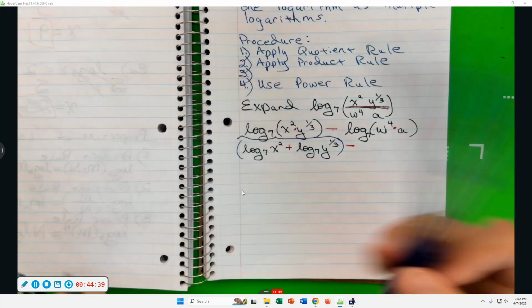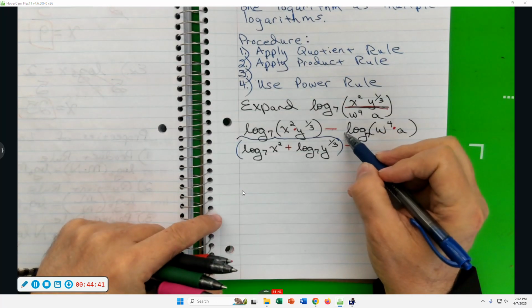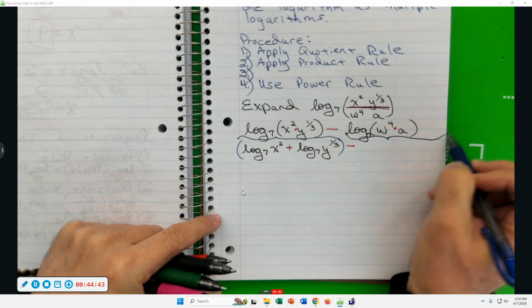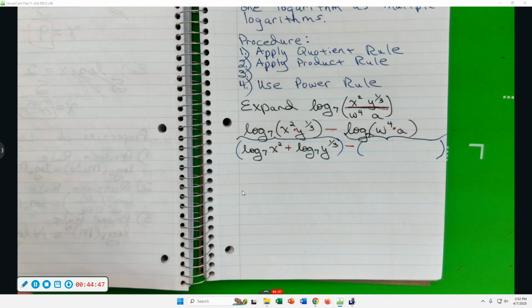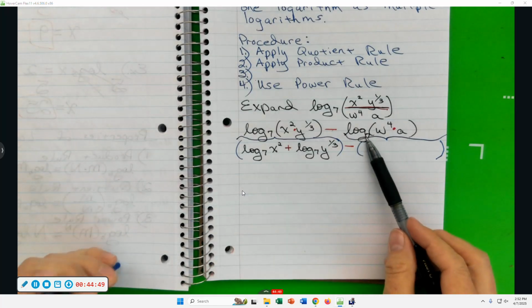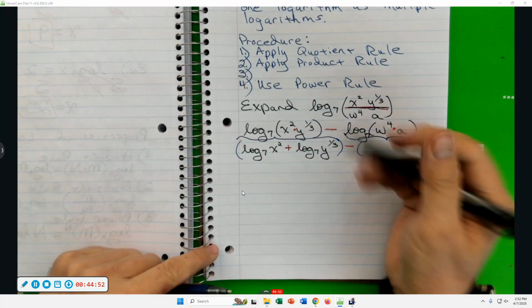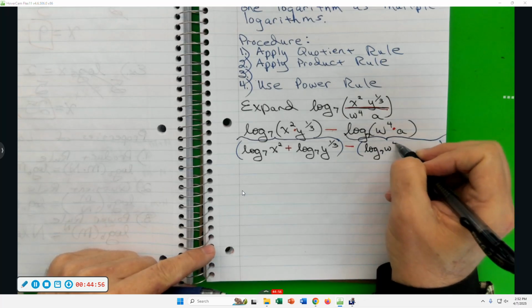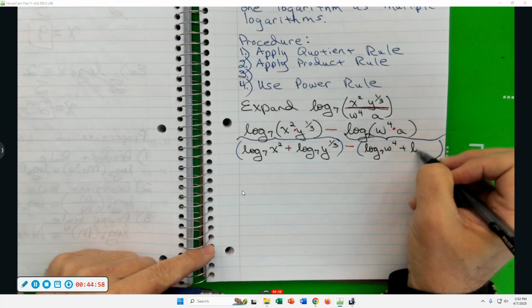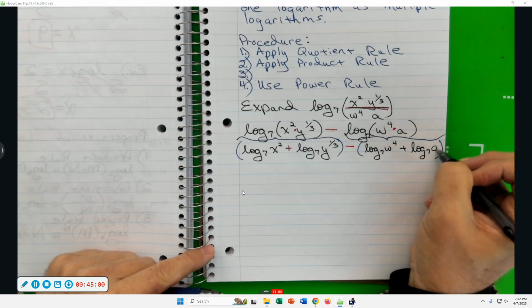We're going to have to do the same thing with this second logarithm. I'll have to write small. That's log base 7 of w to the 4th plus log base 7 of a.